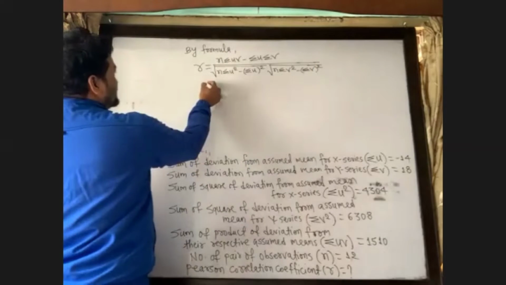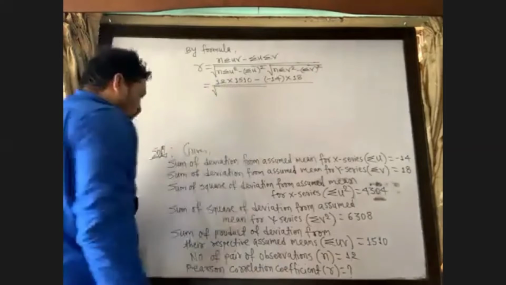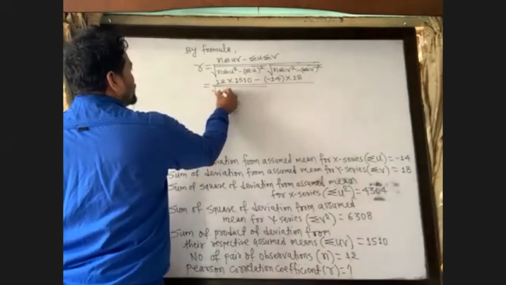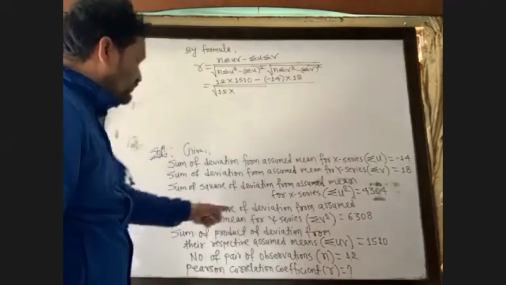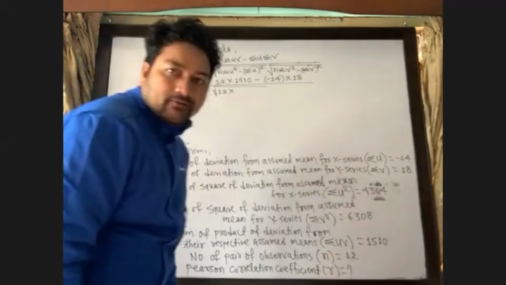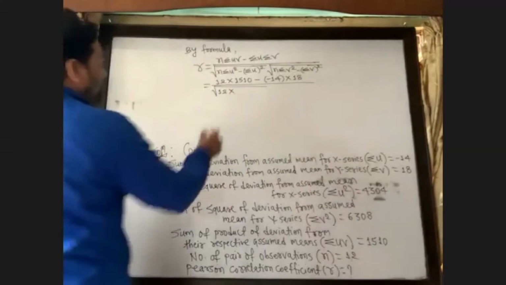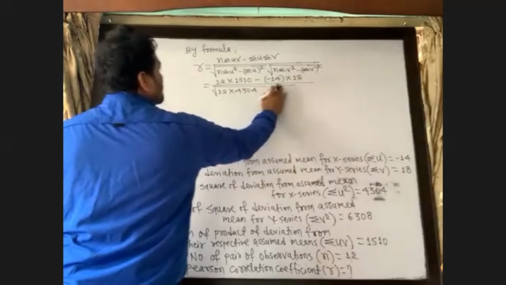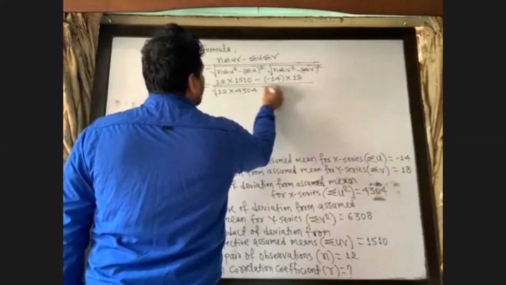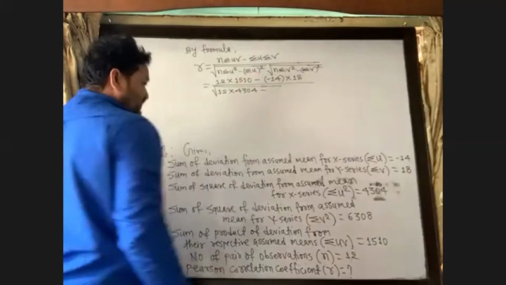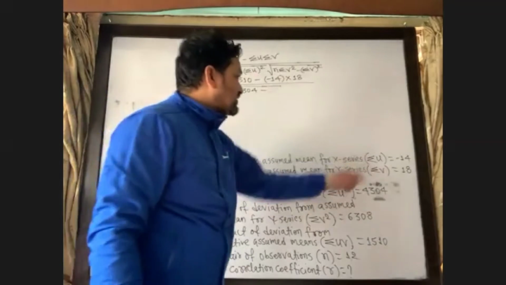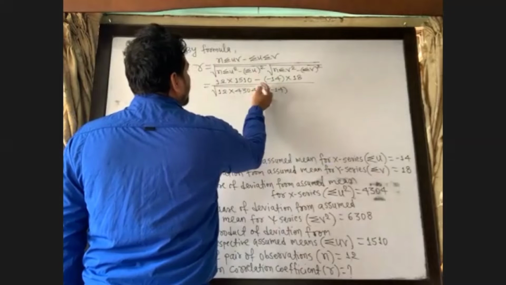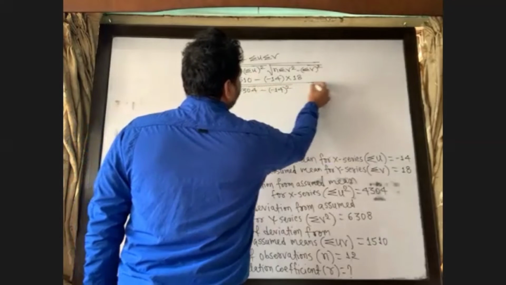Now let's put the values. Divided by square root, N means 12. 12 into summation U square, which is 4,304, minus summation U whole square, which means minus 14 square.